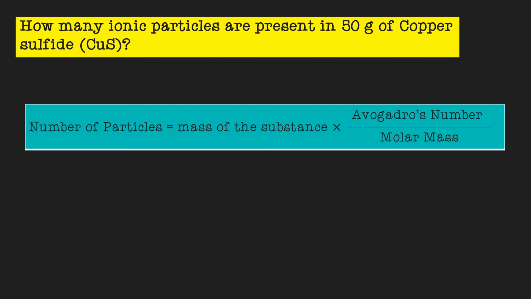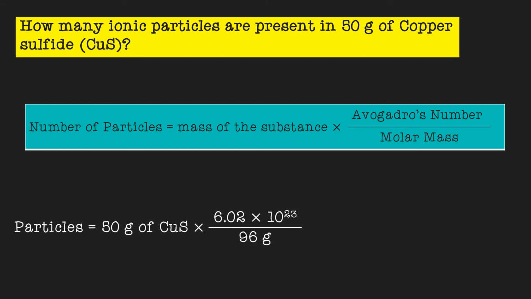Substitute the mass of the substance with 50 grams of copper sulfide multiplied by 6.02 times 10 raised to 23 and divided by the molar mass of copper sulfide, which is 96 grams.